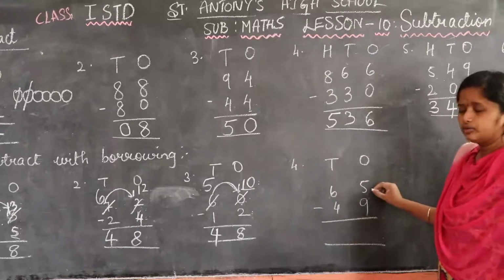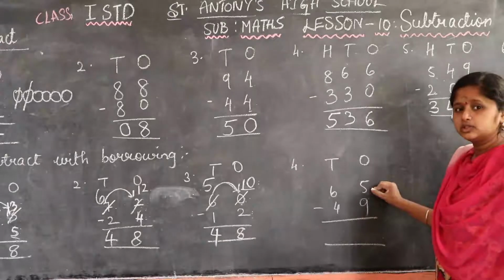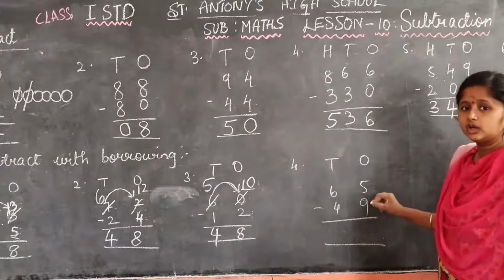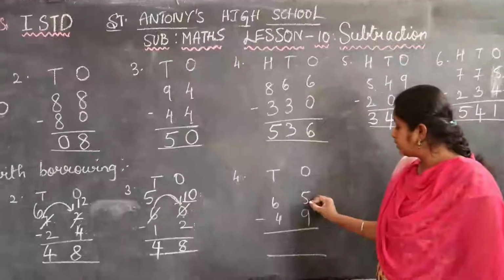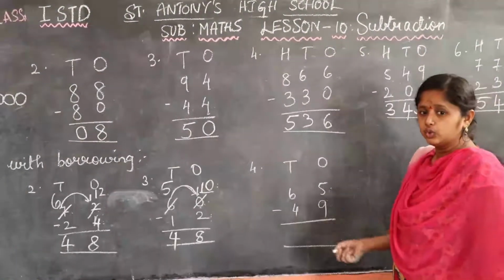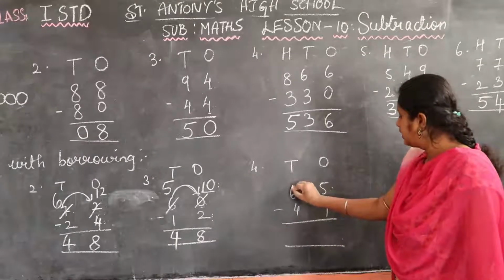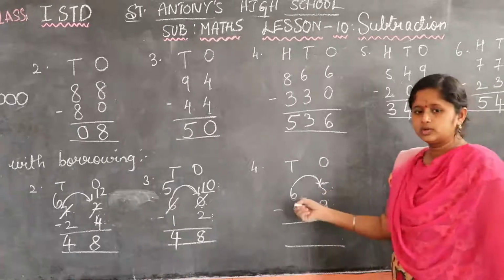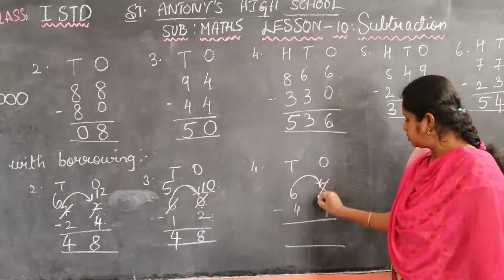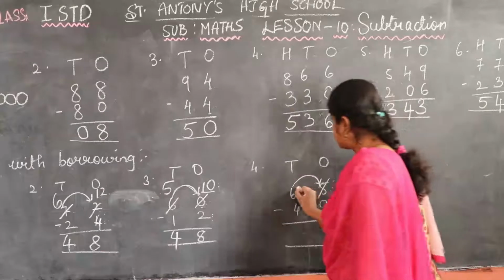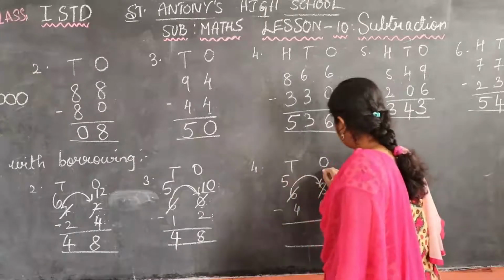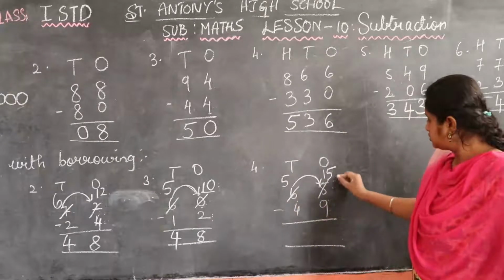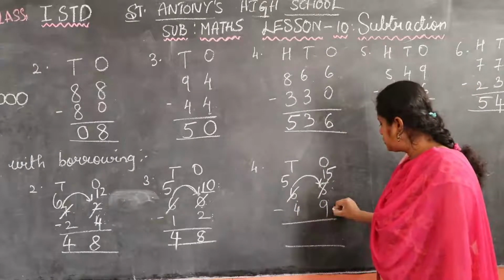Next, here, which number is here children? 5. 5 minus 9. We cannot subtract by a smaller number, no? What do we have to do? We have to borrow from the neighbor house. So this 6 becomes 5 and we get 15. 15 minus 9 is how much children?